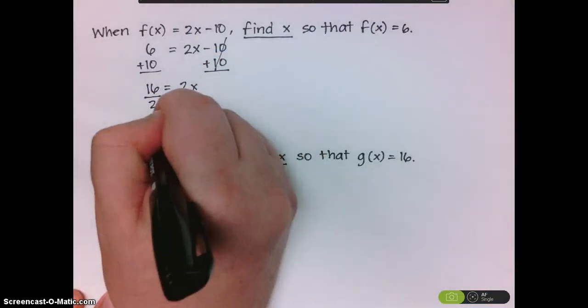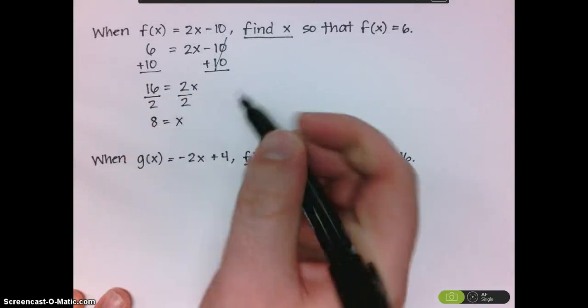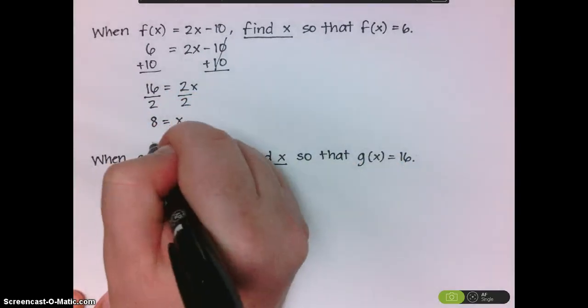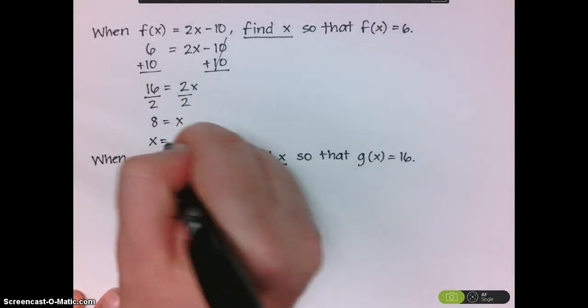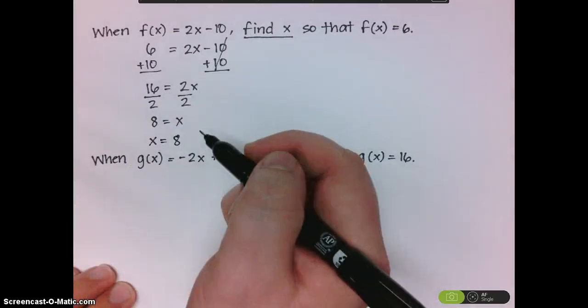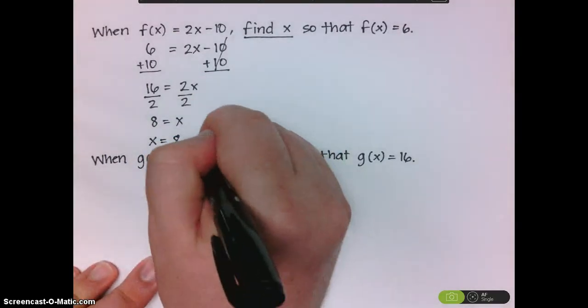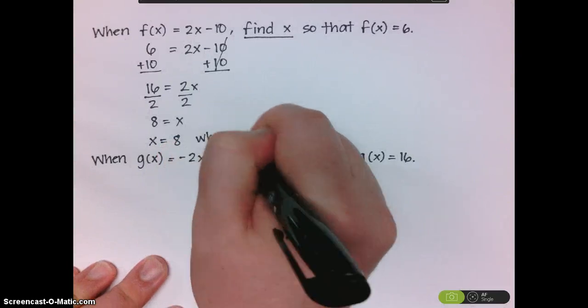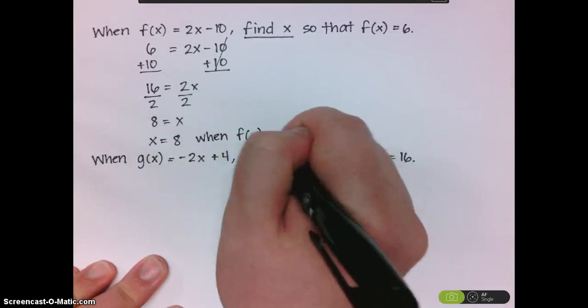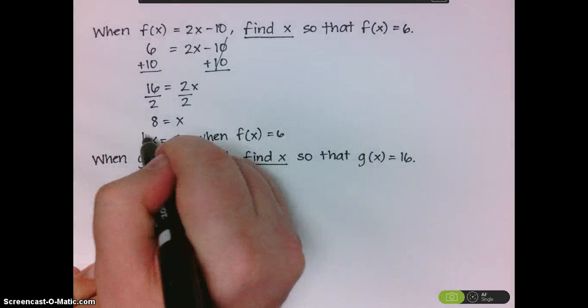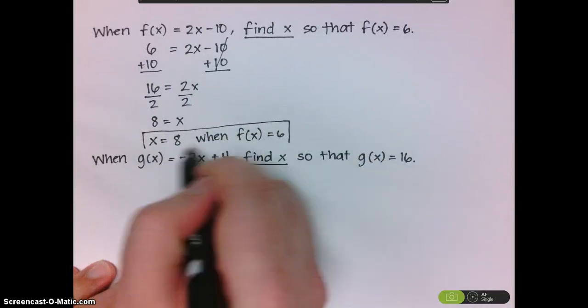And I'm left with 8 equals x. And I really like to rewrite this so that the x is on the left-hand side. So I'm going to put x equals 8 when f of x is equal to 6. So this is my final answer.